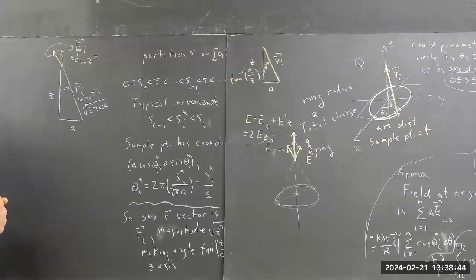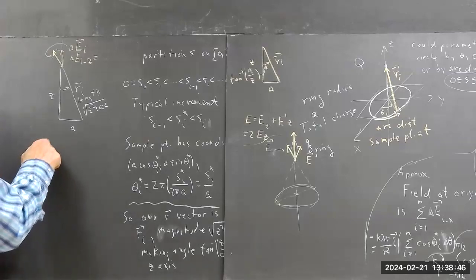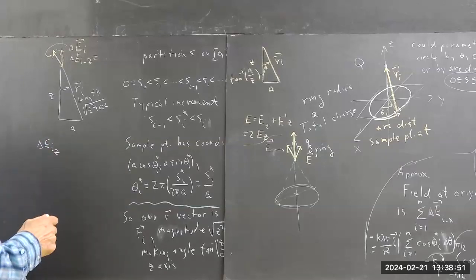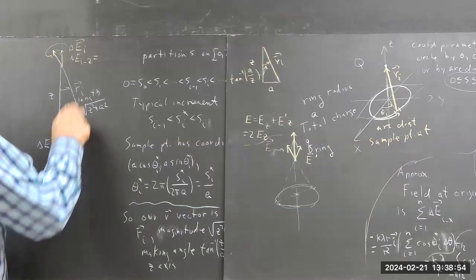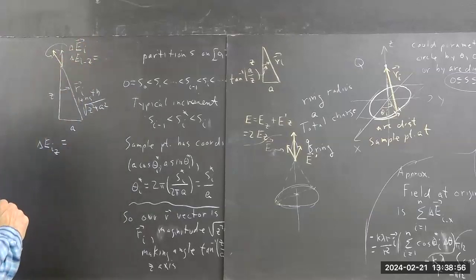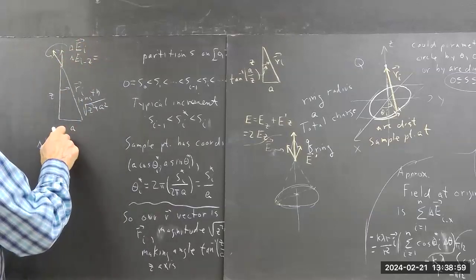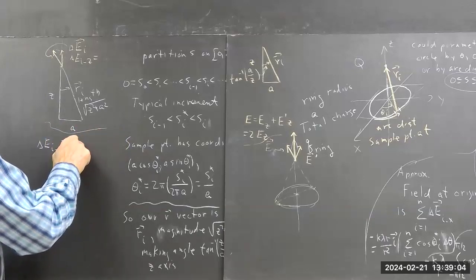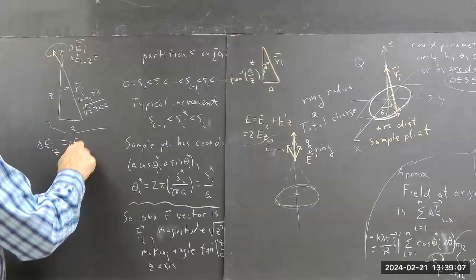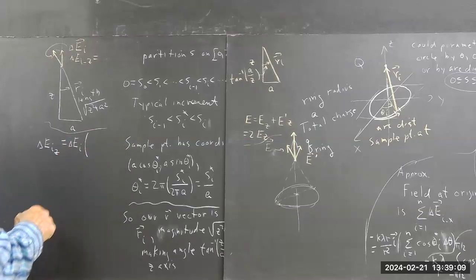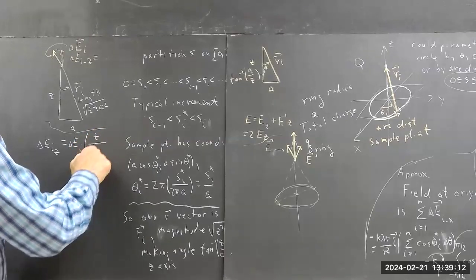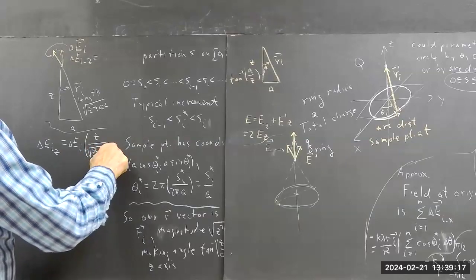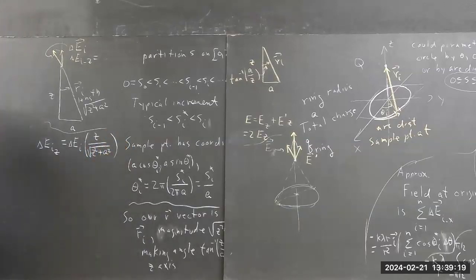We can say then that delta E i Z, the magnitude of the contribution in the Z direction, is delta E i multiplied by Z over the square root of Z squared plus A squared.